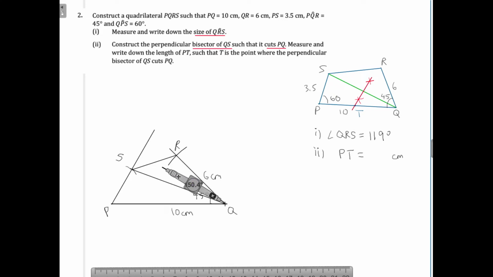And now we have to mark an arc on one side of the line and mark the arc on the other side of the line. Bring the compass over to S and cut over the first arc.